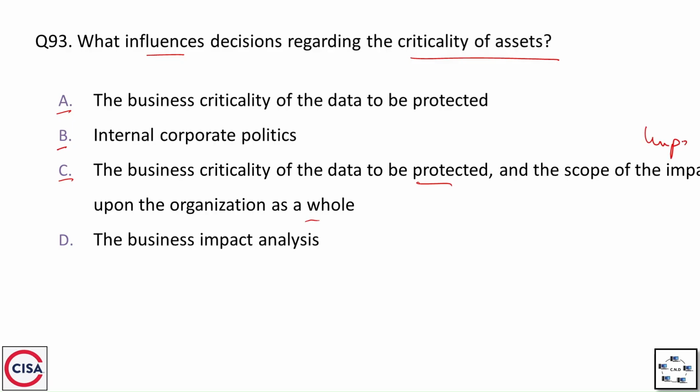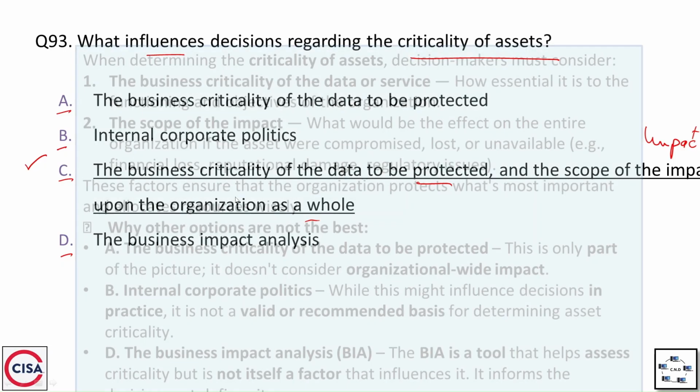So this word is impact. And option D, the business impact analysis. And the correct option is option C, the business criticality of the data to be protected and the scope of the impact upon the organization as a whole.